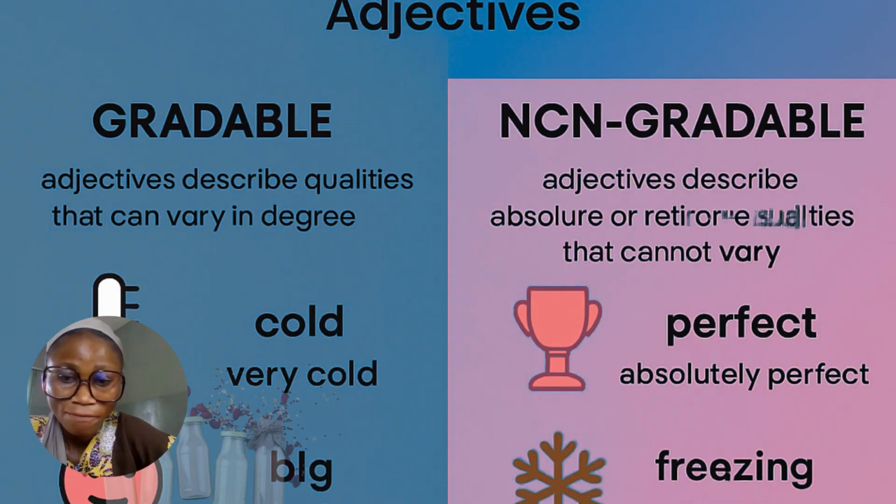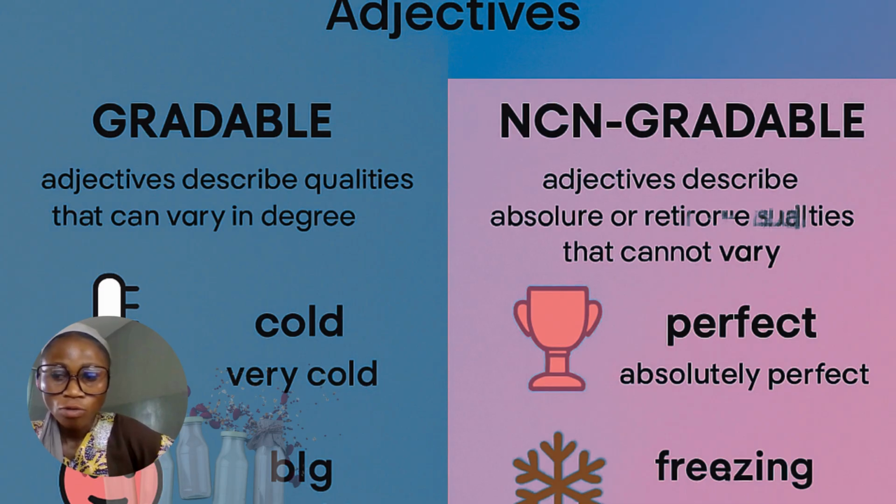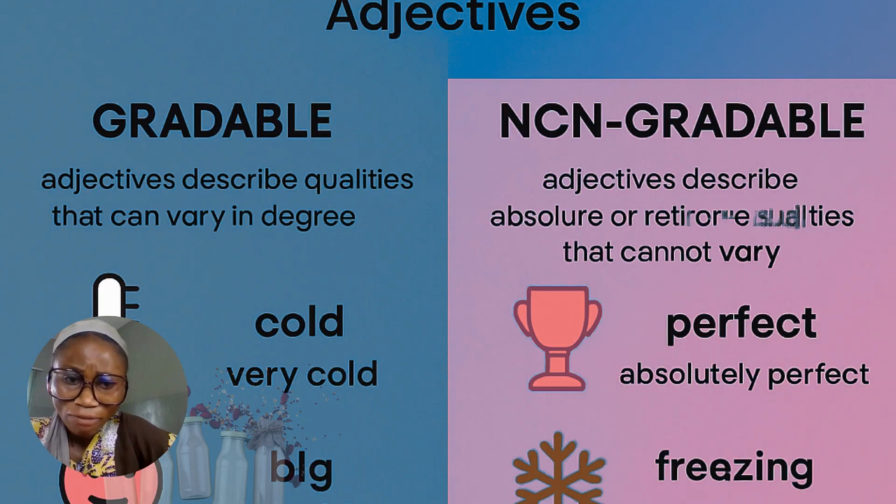Example: very cold. We can say extremely cold. Are you getting it? Let's use the word tall. We can say quite tall, very tall.